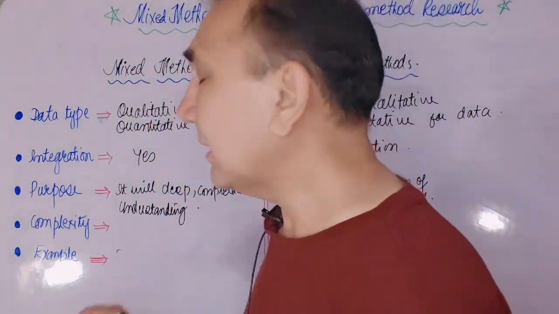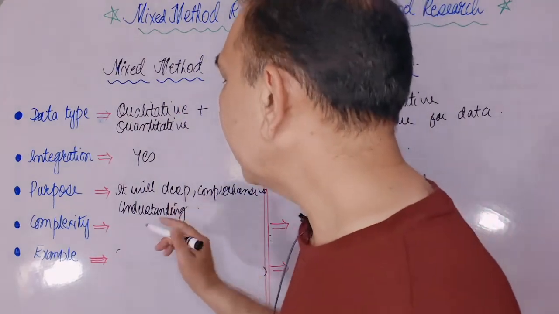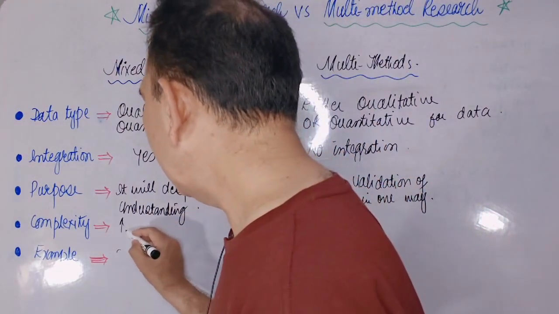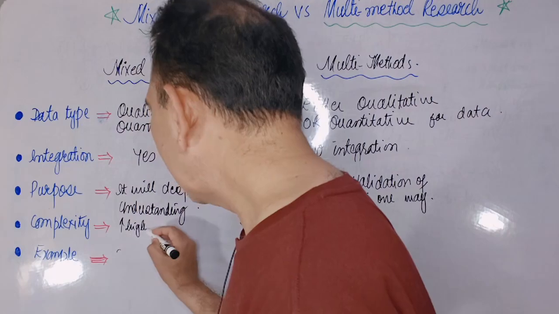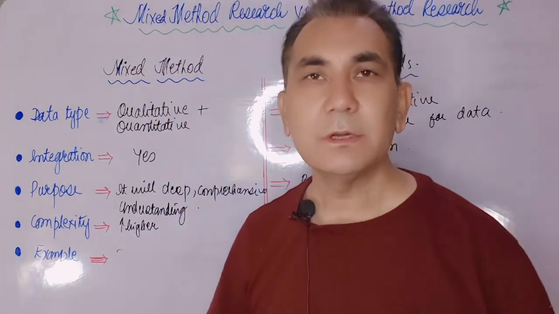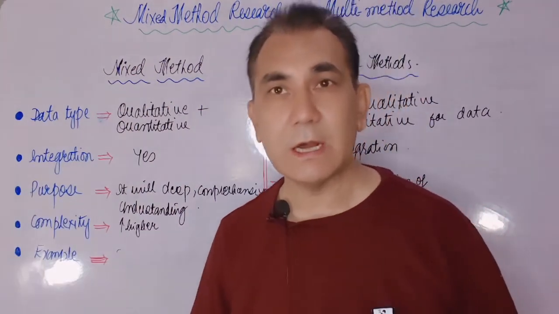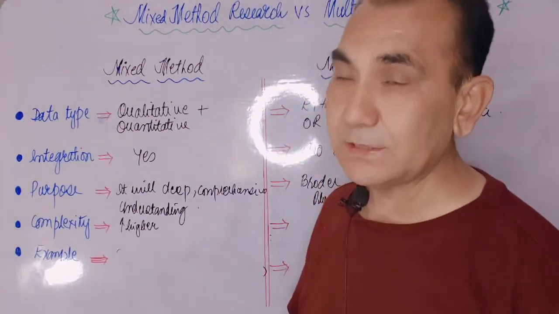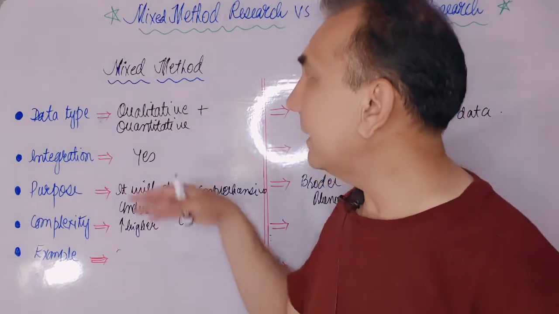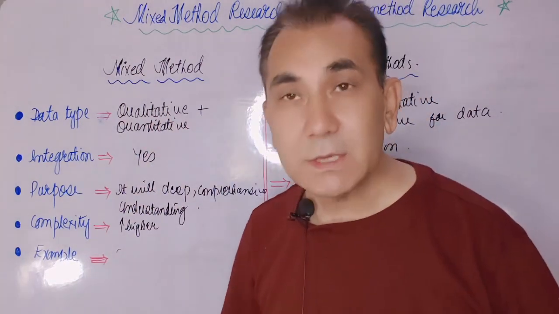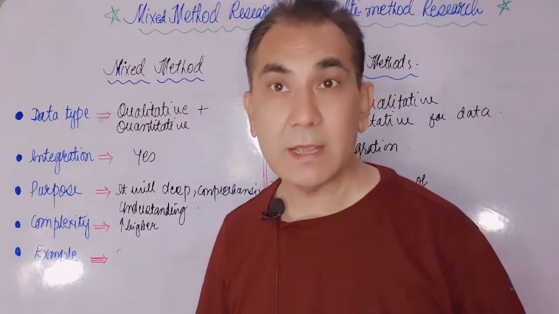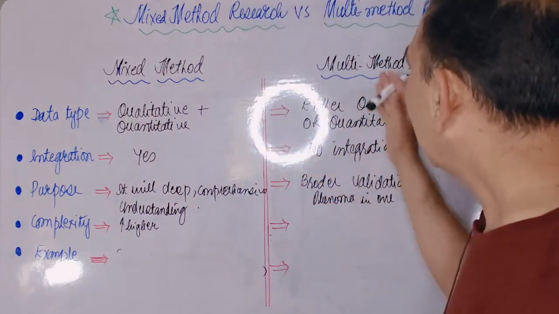The complexity in the mixed methodology will be much higher, because the researcher will use two ways of data collection and analysis. So that's why the complexity in the mixed methodology is quite a bit higher as compared to the multi-method.